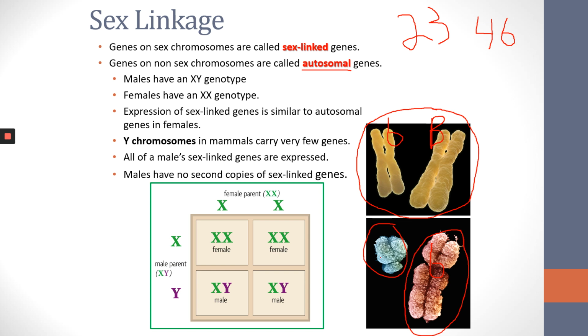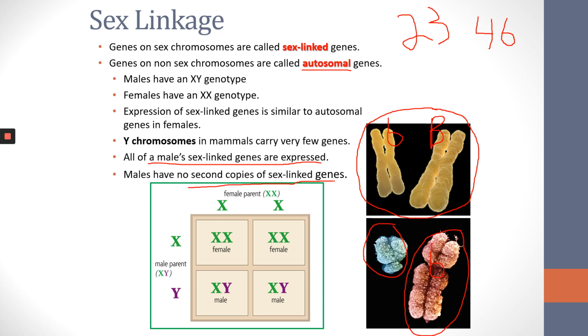There is no chance of any sort of dominant trait masking that allele. So that's what this is down here. All of the male sex-linked genes are expressed precisely because we only have one copy. See, there are no second copies of sex-linked genes for males. So sex-linked disorders impact males a lot more than females.